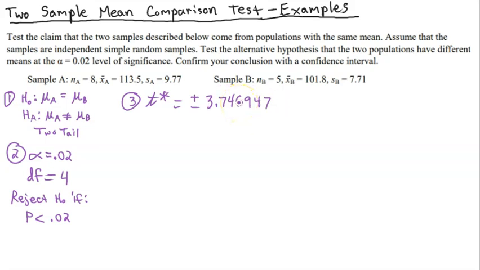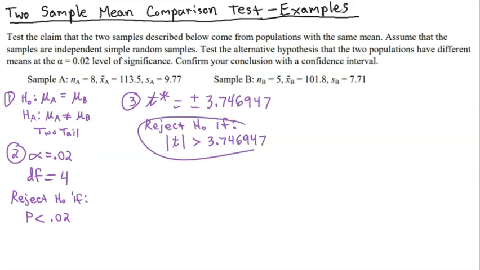Because we're going to say reject H sub 0 if, okay, if what? Well, if the absolute value of our t statistic, because it could come back as negative, is greater than 3.746947.